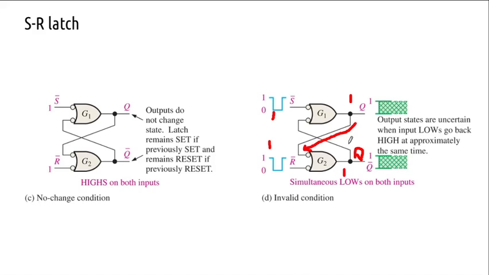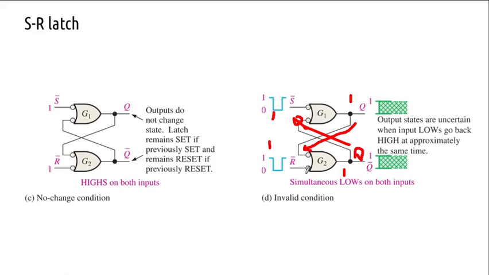When it goes high, 1 and 1 complement is 0, right? 0 is fed back here. 0 is fed back to this point, and again this is going to be high.